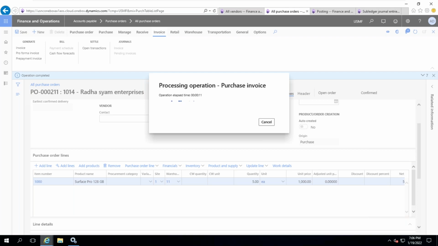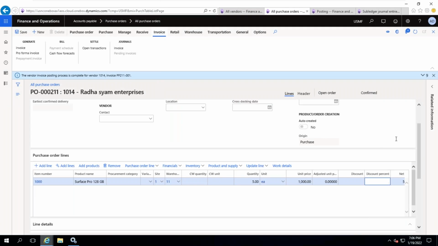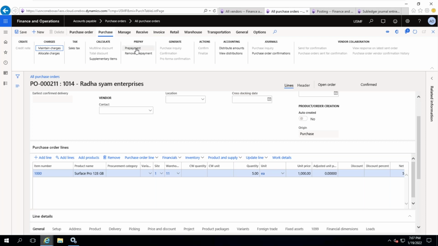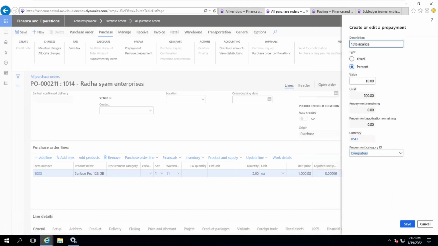The vendor is demanding: what I thought initially was 10%, that is enough, but now he is asking, no, I wanted 15%. Then we have the option to increase it, but we cannot decrease. So you can change it to 15%. Click save.